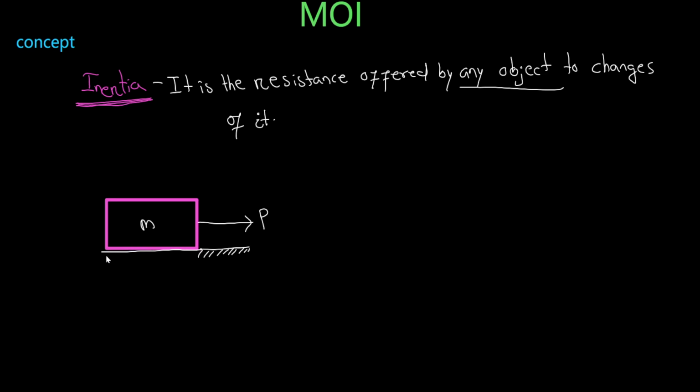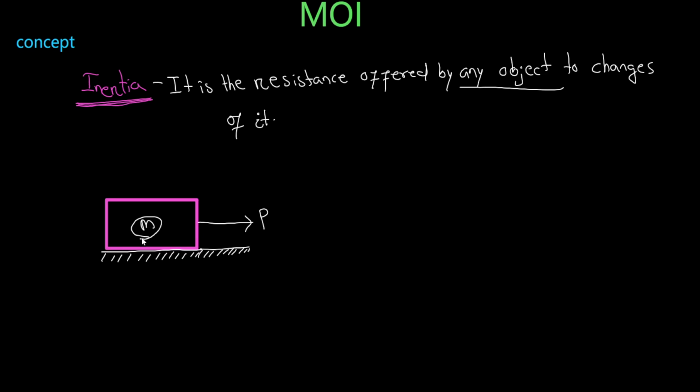But the block is not moving. Why? Because of the inertia. I want to change its state, but the state is not changing, because of the inertia of the object. Here inertia is nothing but the mass in case of translatory motion.